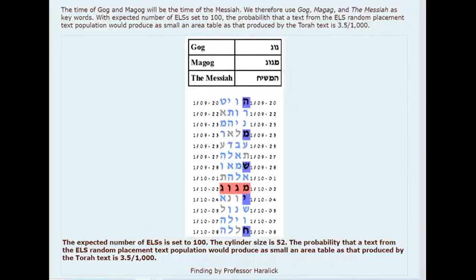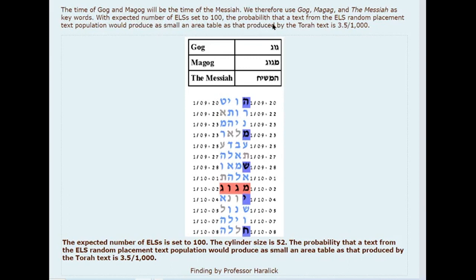torahcode.us. Then the second table, which he brings there, is the following. The time of Gog and Magog will be the time of the Messiah. Because they will come against the Messiah, when the Messiah comes to help Israel, we therefore use Gog, Magog, and the Messiah as keywords, with the expected number of ELS set to 100.